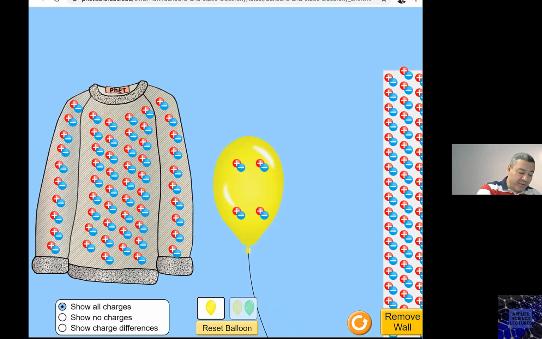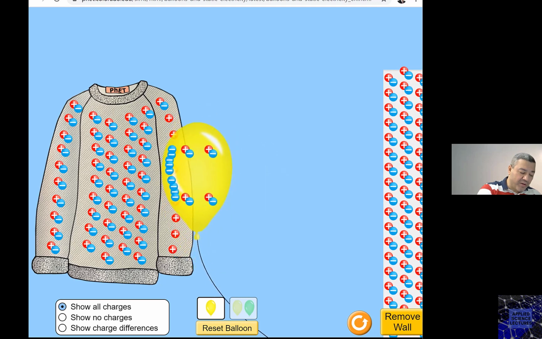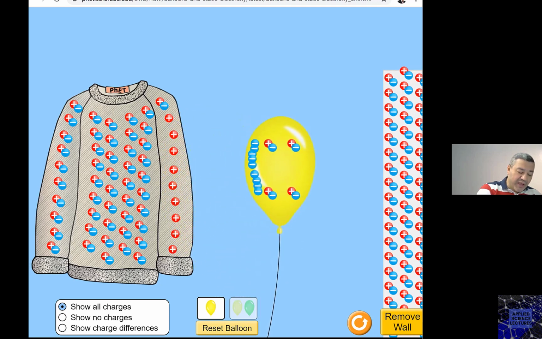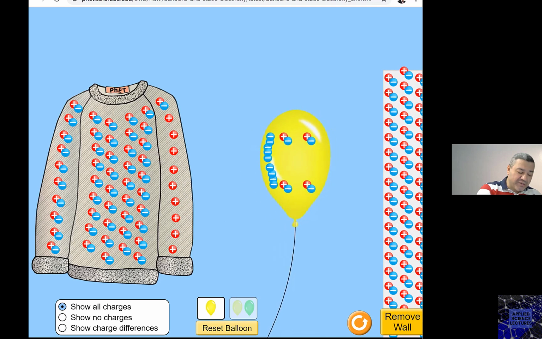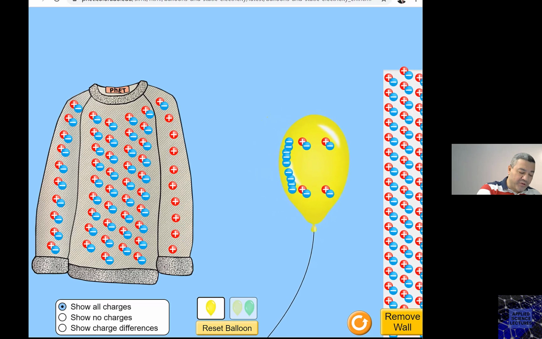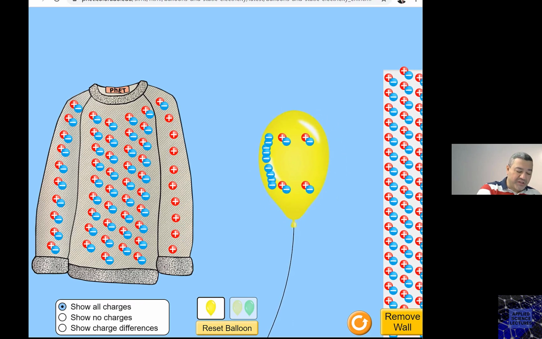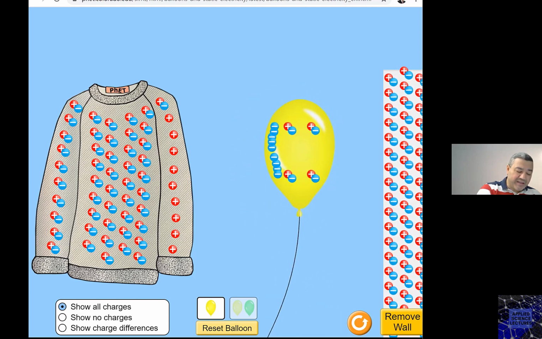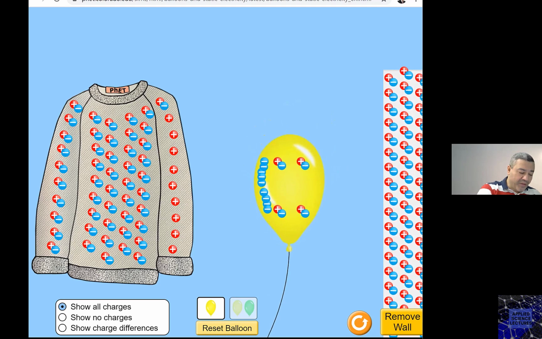If I bring this balloon and rub it against this sweater, the balloon will gain electrons and the sweater will lose those electrons. So this balloon will become electrically negative and the sweater electrically positive.